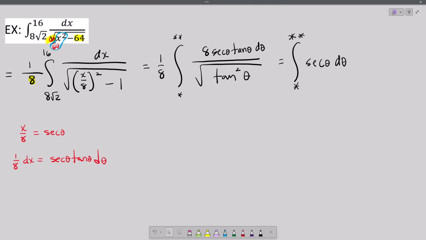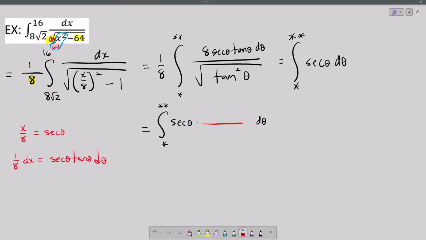What I talked about on Tuesday was that it's pretty easy. Most of us remember the derivative of secant. The derivative of secant is what? Just the derivative of secant. So the antiderivative will be natural log of secant plus tangent.